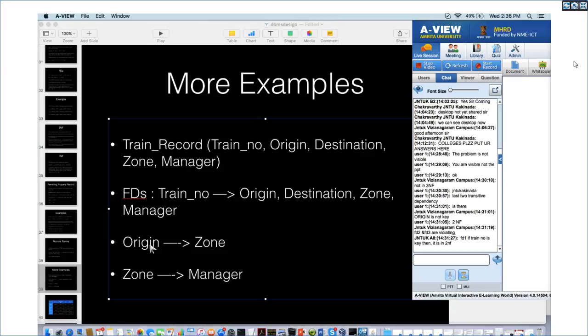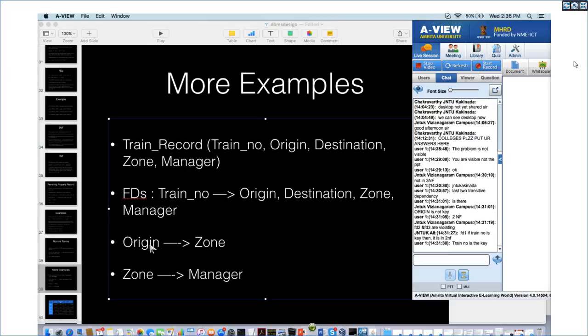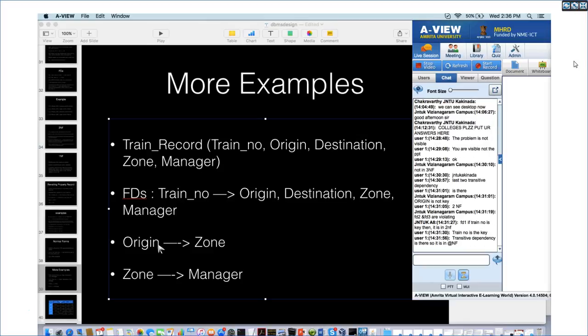That's right. You have to write it correctly. The reasoning has to be correct. Origin is not a super key. That's a requirement of 3NF. What is the requirement for 3NF?